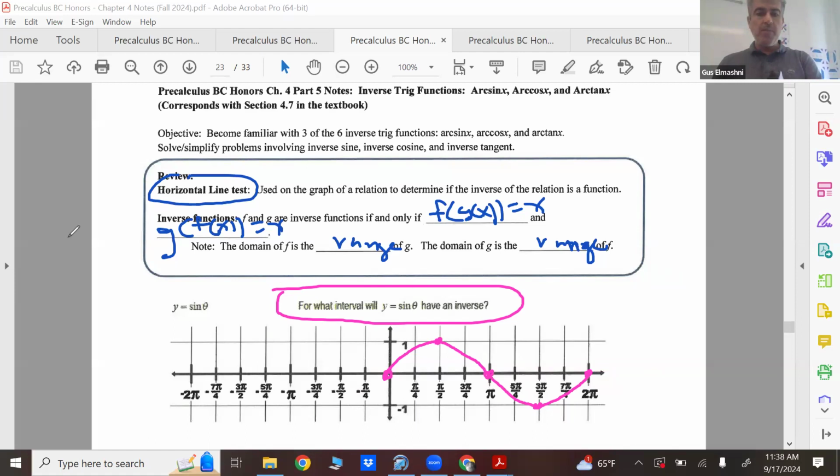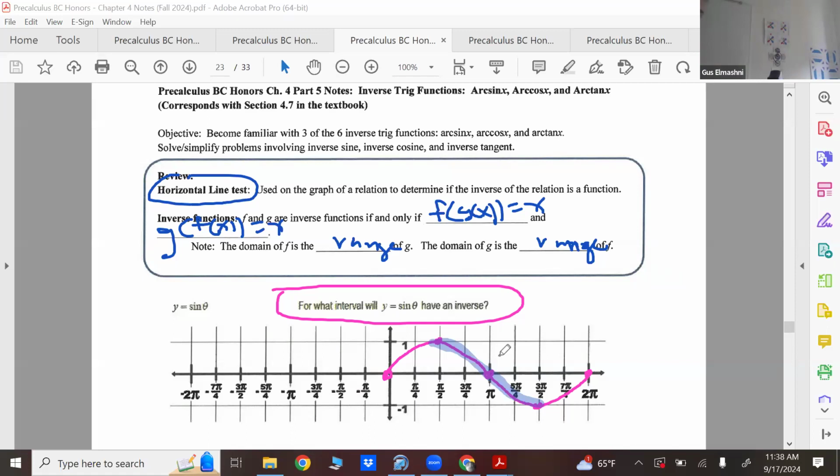So let's get a highlighter out. Would this portion pass the horizontal line test? What I just highlighted? Yeah, that portion passes the horizontal line test.